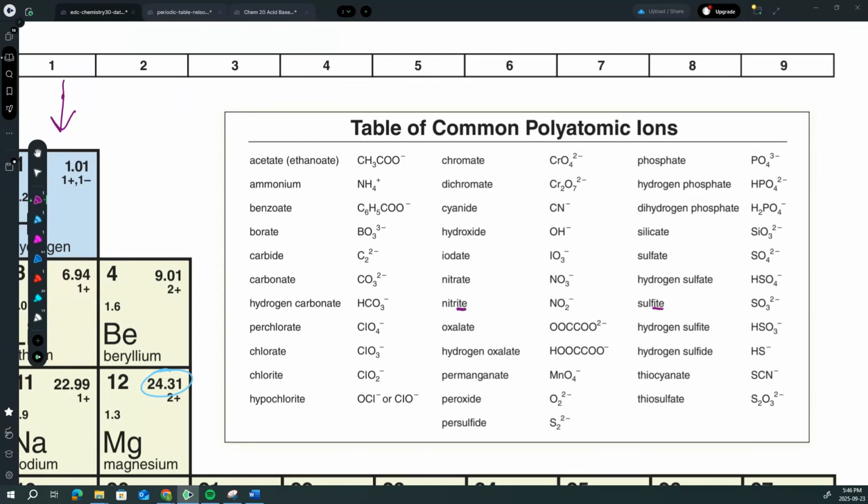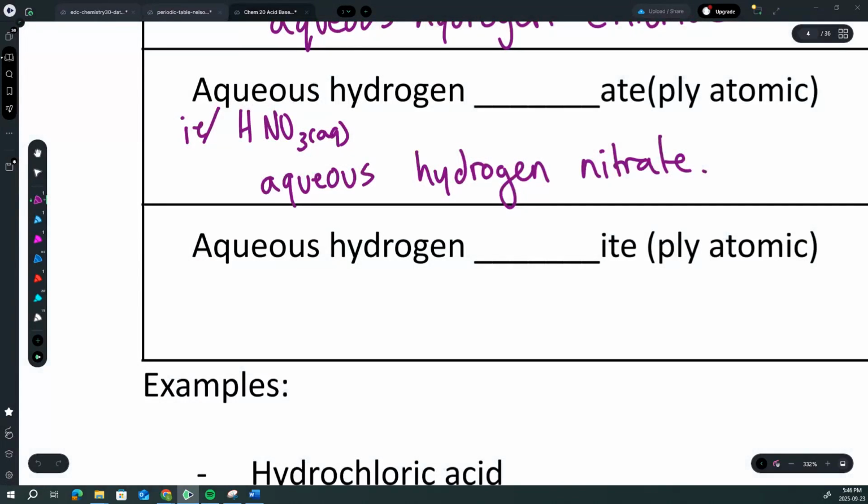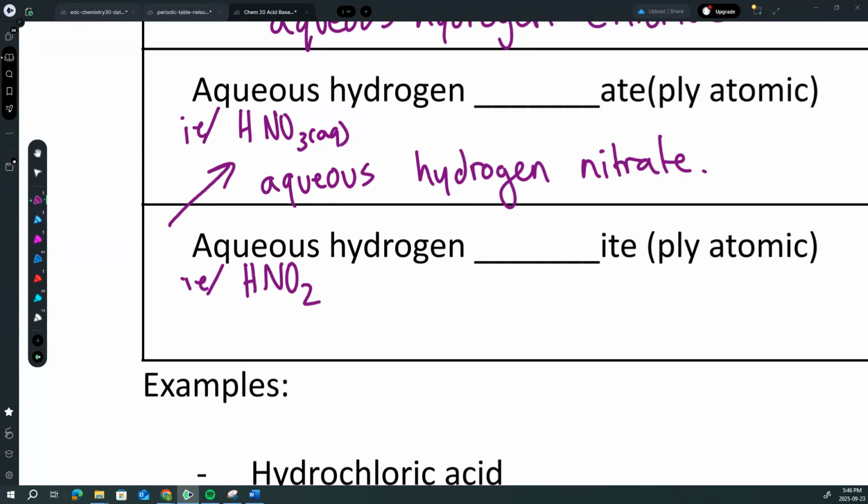There's more than that, like chlorite, but that's just going to be the few that I mentioned. So let's say, for example, we have HNO2. It looks pretty similar to our previous example. However, our previous example used nitrate, and now we are using nitrite.